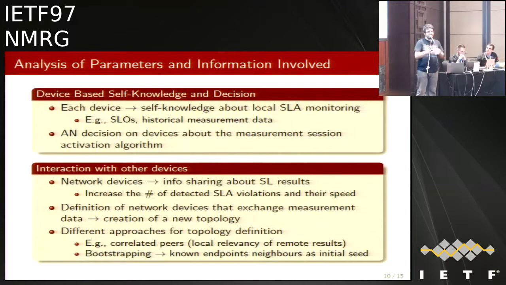And after that, considering this information, it's possible to create an overlay especially for the performance of measurement tasks. There are different approaches for topology definition. In my PhD thesis, we work with a peer-to-peer approach to do that. We call that the correlated peers, and we consider as bootstrap information to initiate the overlay the known endpoint neighbors as the initial seed.